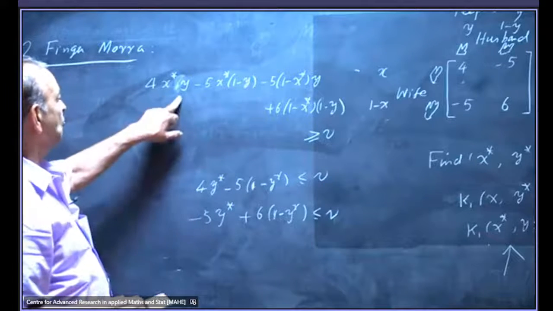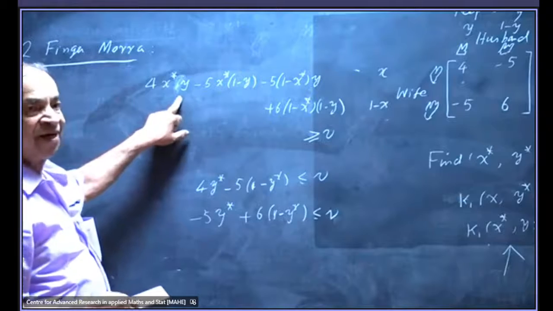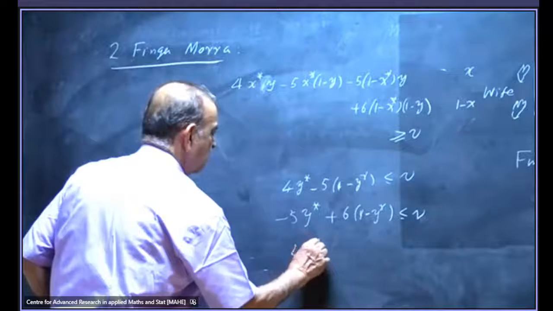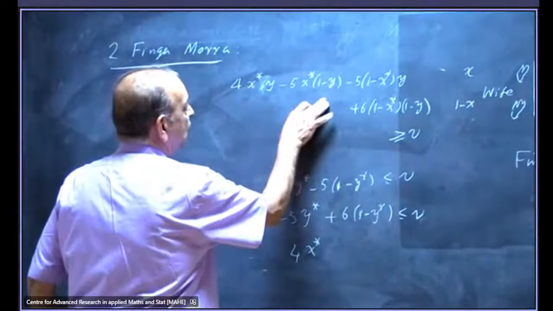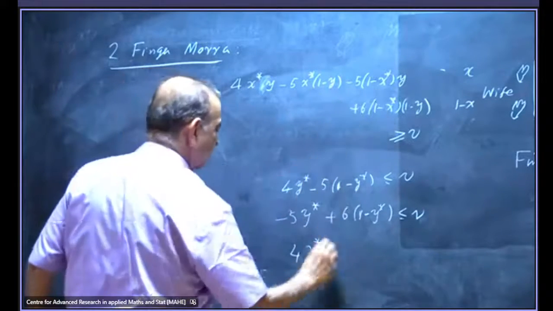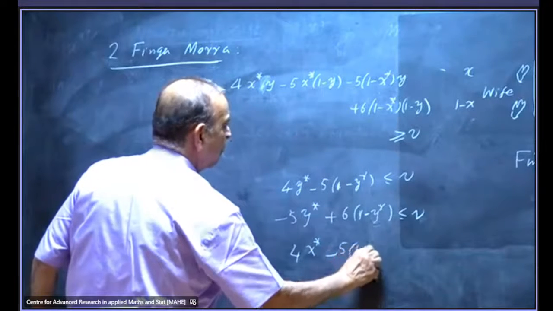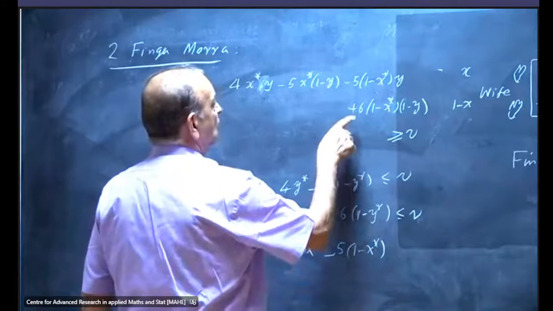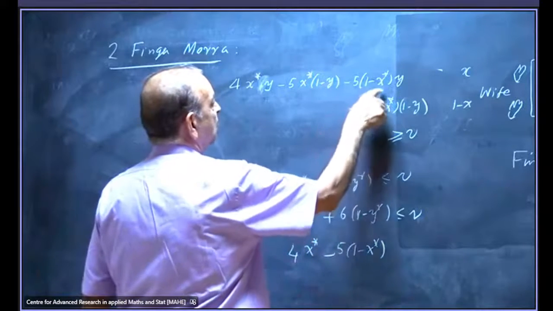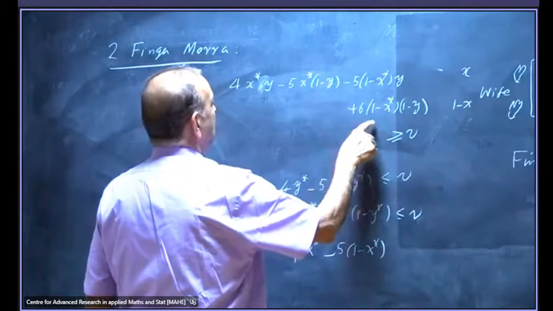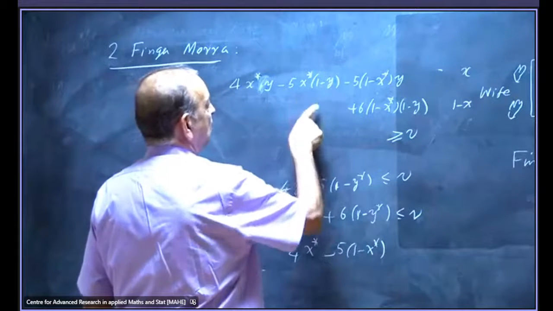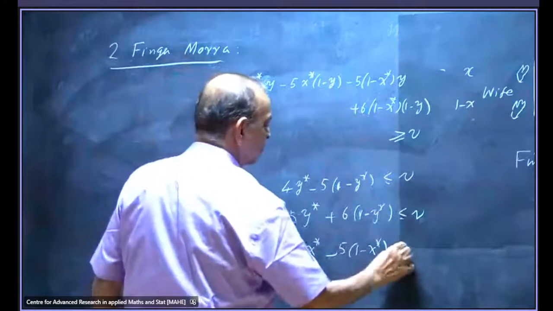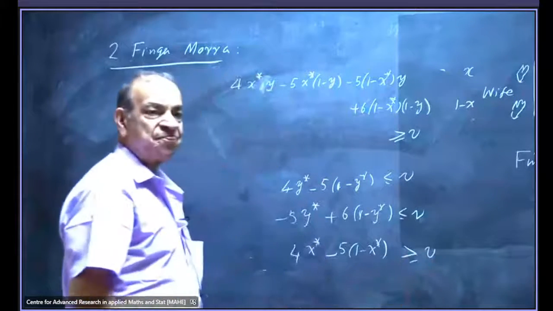Now the husband can put y equals 1, then this gives you 4 x star, and when I put y equals 1, this dies. This one is minus 5 times 1 minus x star. And then this one, when y is 1, this dies. So this one must be greater than or equal to b.